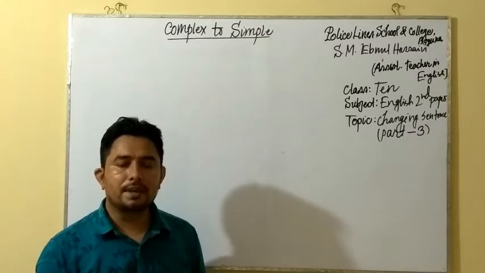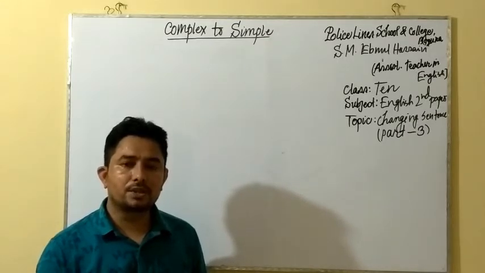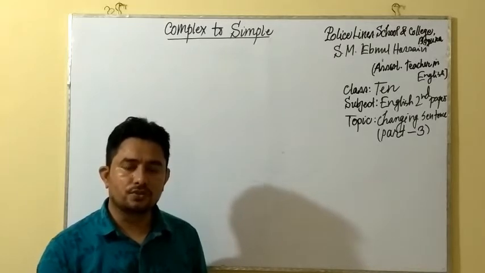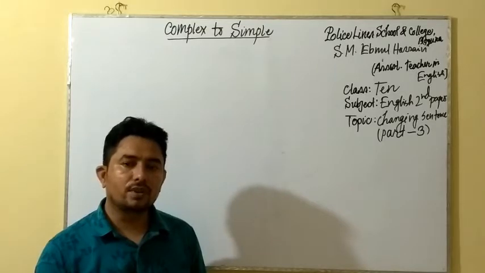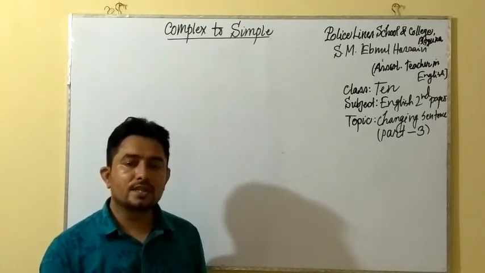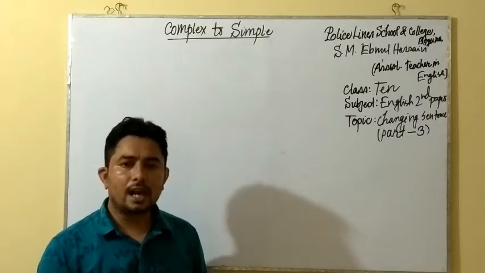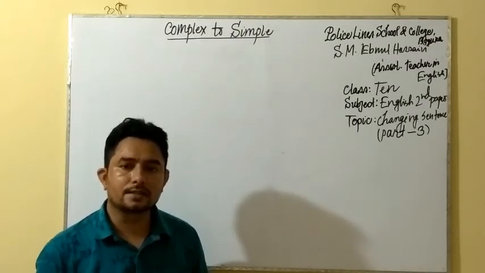In part 2, we learned 4 rules: rule number 1, rule number 2, rule number 3 and rule number 4. But in today's class, we are going to learn some more rules of changing complex sentences to simple sentences.